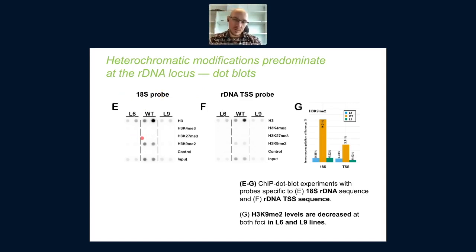We found that these two marks, H3K4 and H3K27, are present in quite small amounts at the RDNA, and basically homogeneous between the analyzed lines. The main difference was observed for the inactive modification, H3K9 demethylation. It was present in the wild type, but largely depleted in the low copy lines.